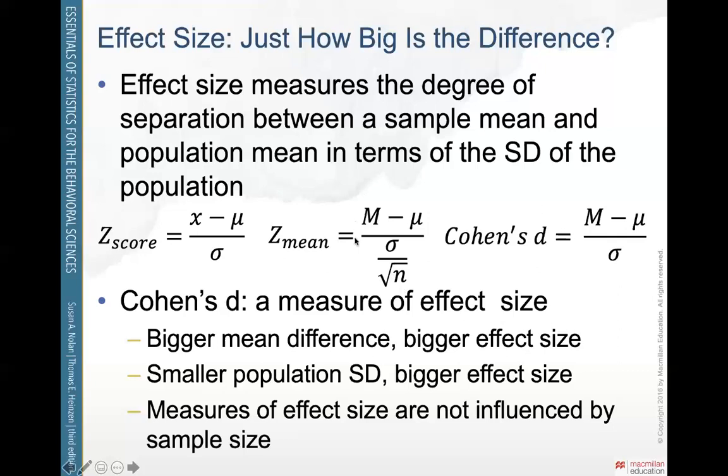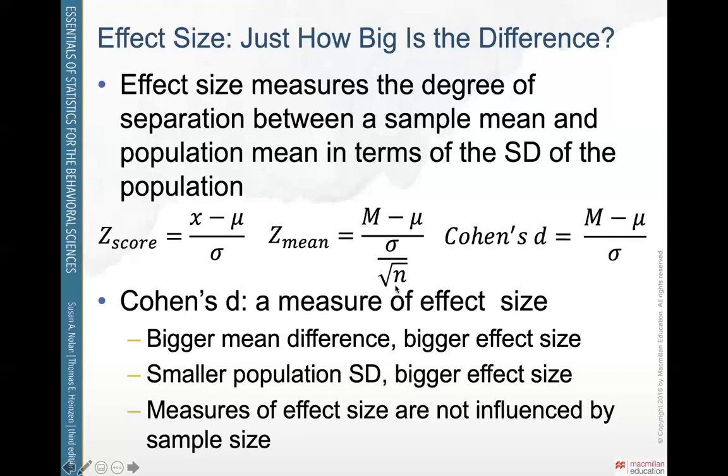The overall value of Z mean gets bigger. So I feel like I should say that one more time. As the sample size gets bigger, the standard error gets smaller. As the standard error gets smaller, the overall Z mean gets bigger.